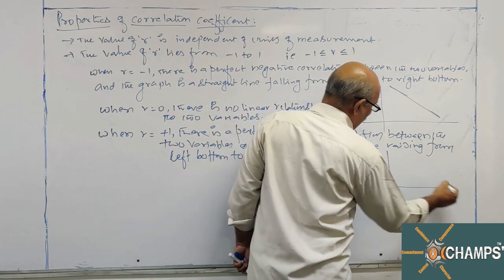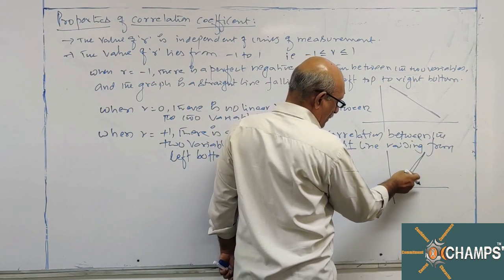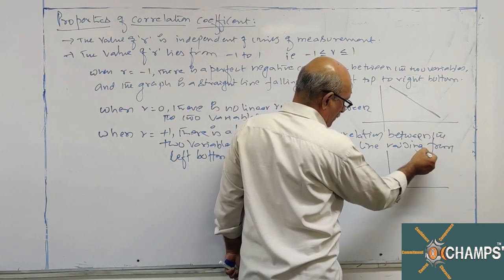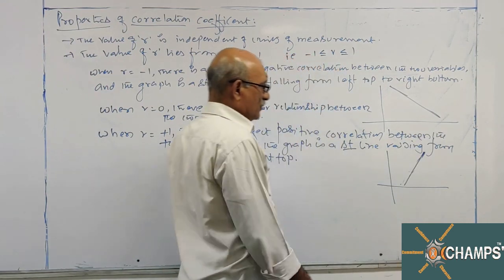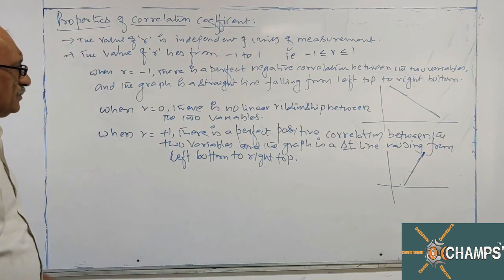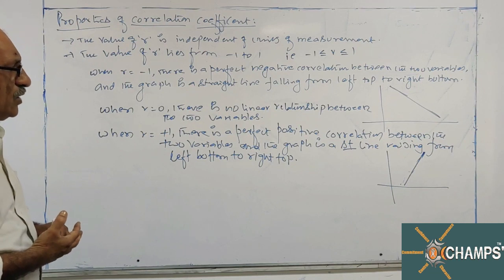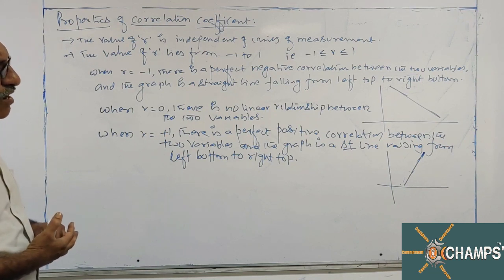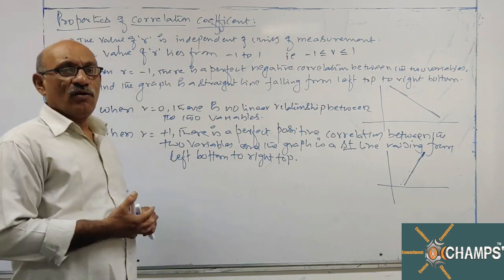In this case, the graph is this way. When r is equal to +1, there is a perfect positive correlation between the two variables and the graph is a straight line rising from left bottom to right top.